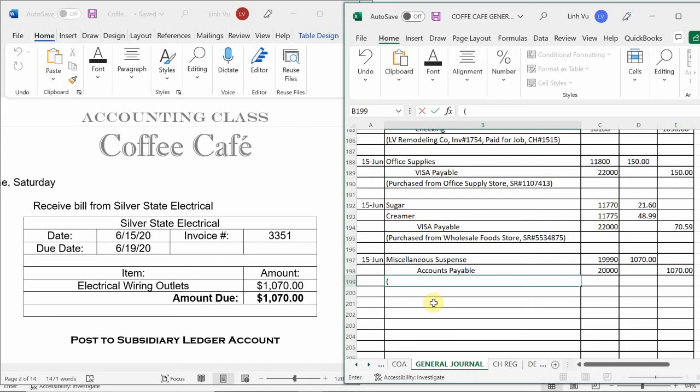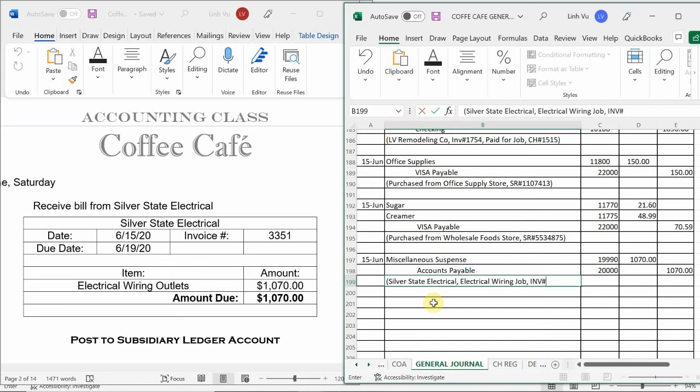Paid electrical wiring outlet. Okay. From who? Silver State Electrical. Good. Okay, electrical wiring. What was the proof of transaction?